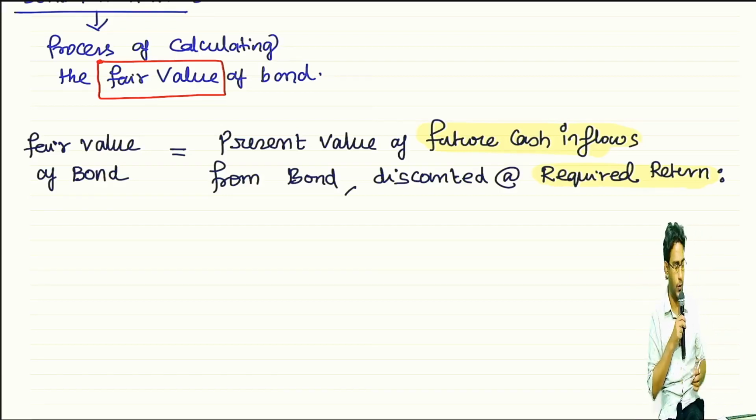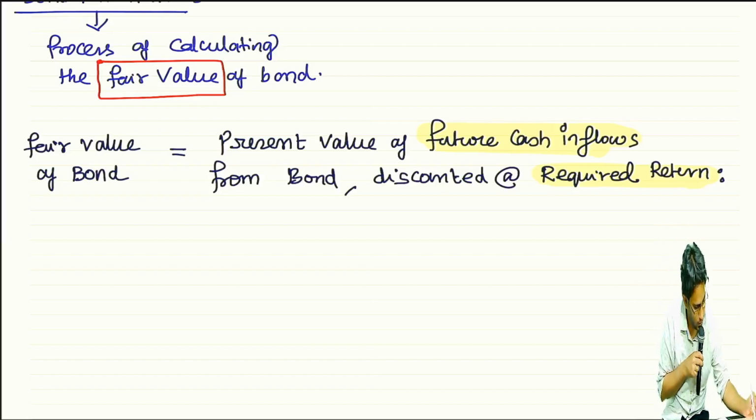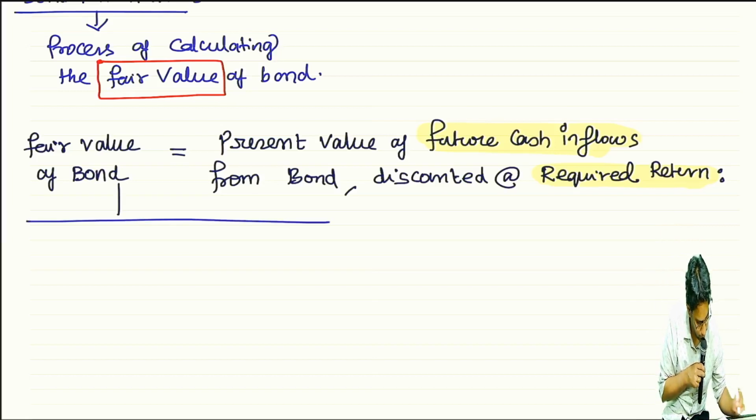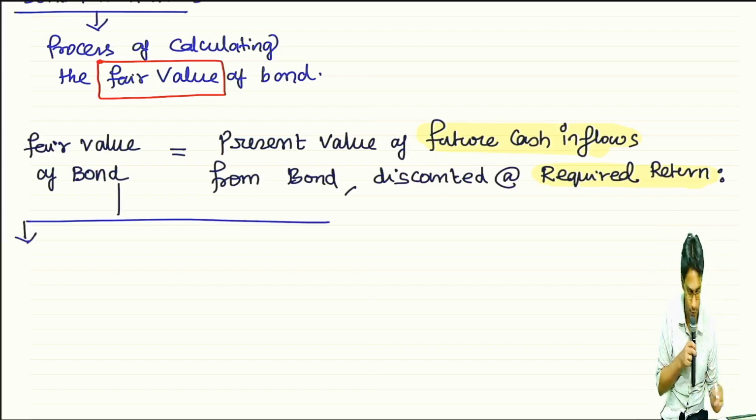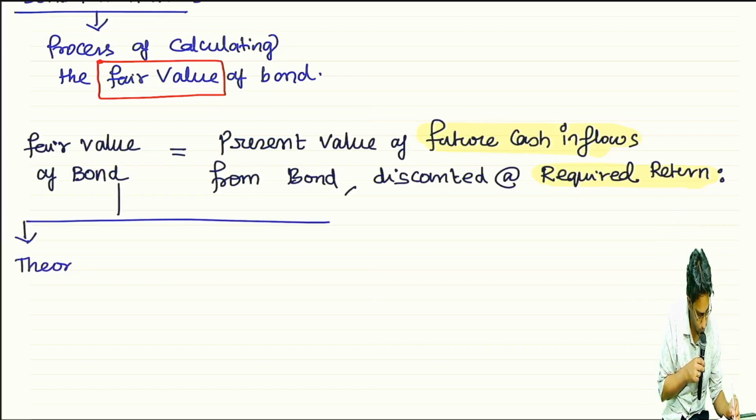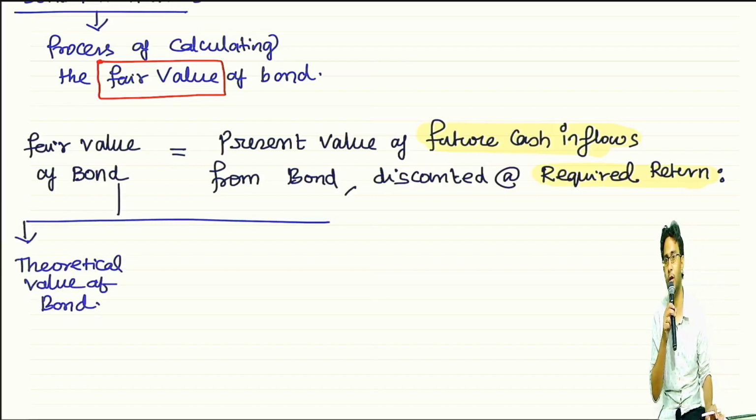But before we go there, the fair value of the bond is also called as theoretical value of the bond. If somebody asks you, compute theoretical value of the bond, it means the same. Theoretical value and fair value, they both are same.